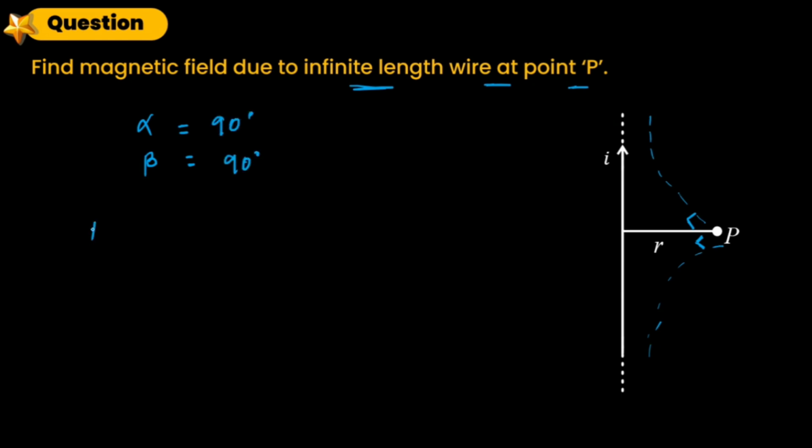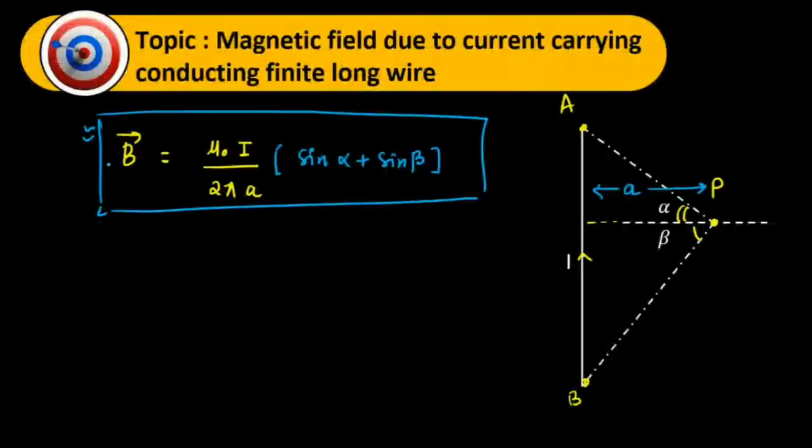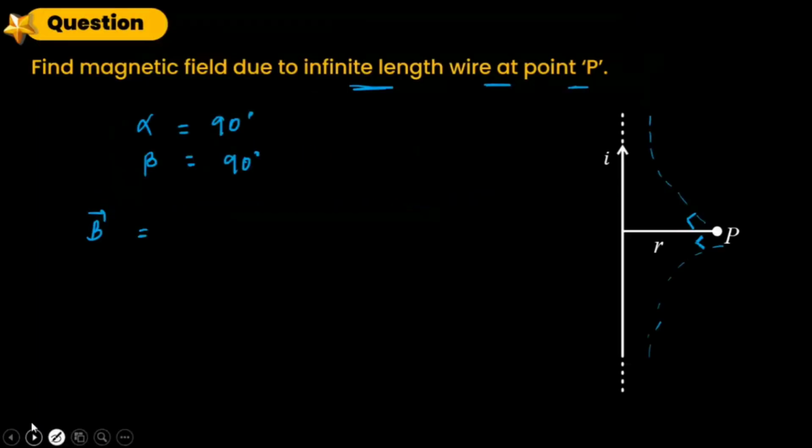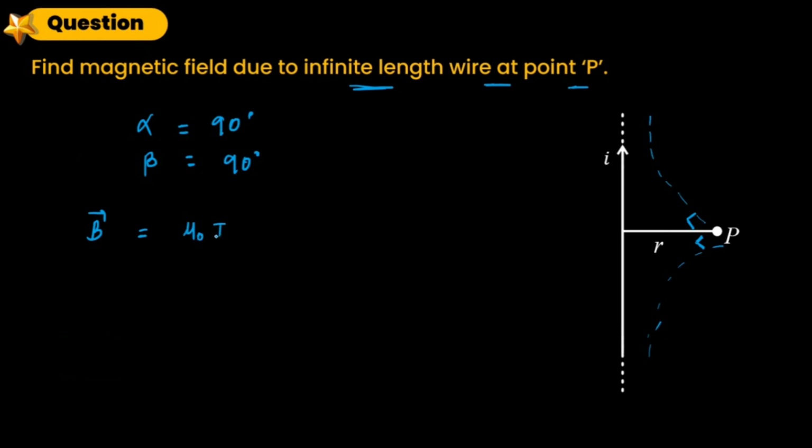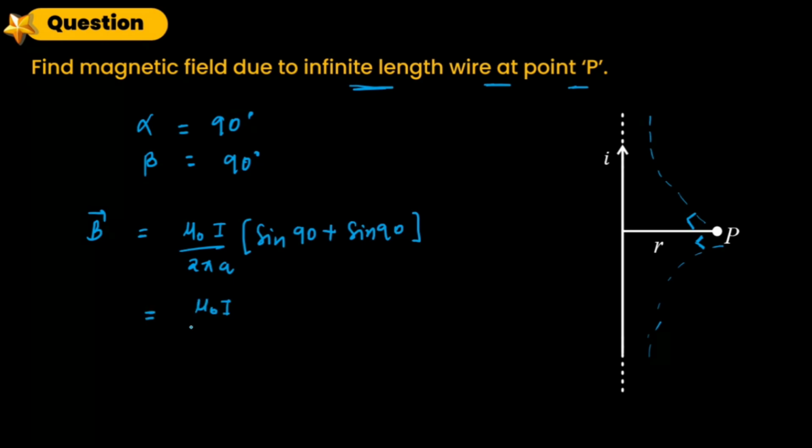So if we substitute the value of 90 degrees in this formula, mu naught I by 2 pi A times sine alpha plus sine beta. What is sine 90? Sine 90 is 1.